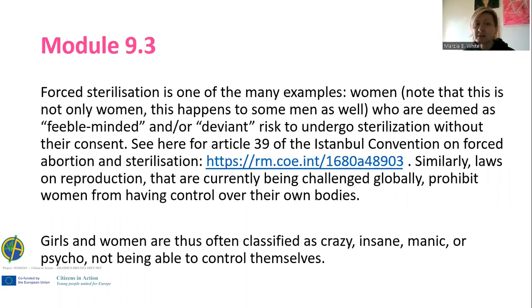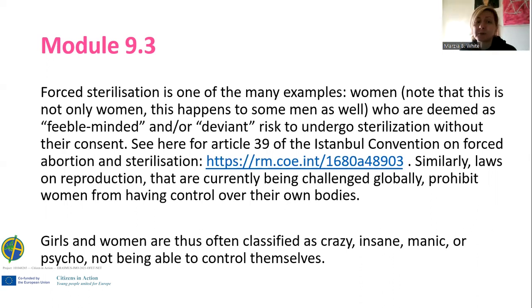Forced sterilization is one of the many examples. Women who are deemed feeble-minded and/or deviant risk undergoing sterilization without their consent. So please see and read here Article 39 of the Istanbul Convention on Forced Abortion and Sterilization.